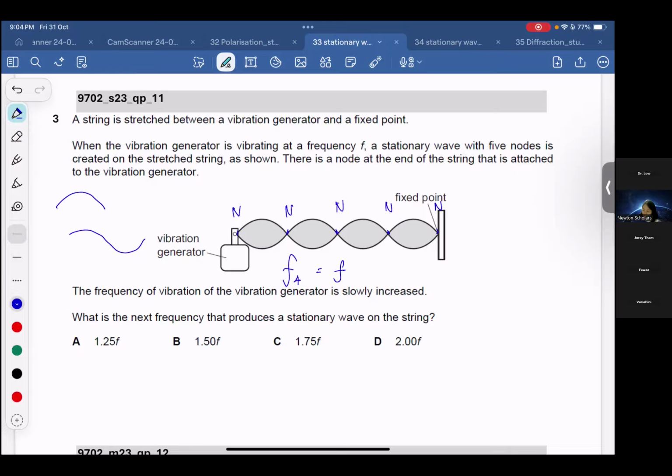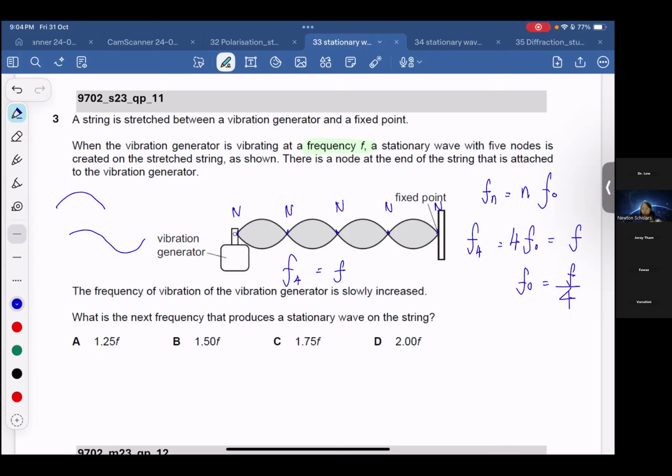We understand that just now we said this is the general formula. Then what the diagram shows you is the fourth harmonic. So this should be 4 f0 equals f, because they tell you this is at frequency f. So what is your f0? It is f over 4. Do you agree until here?